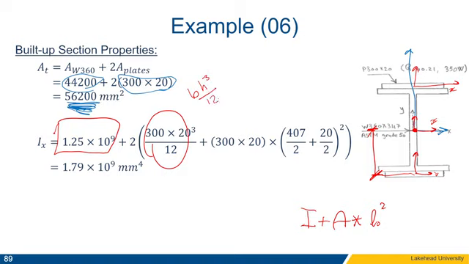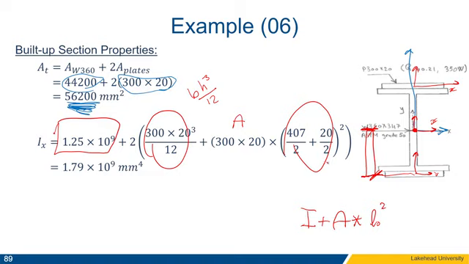And I encourage you to write this down if you need to remember the formula. The formula is in the steel book as well, right after the structural tables. And you add to that the area of the plate multiplied by the distance between the local axes and the global axes, squared.